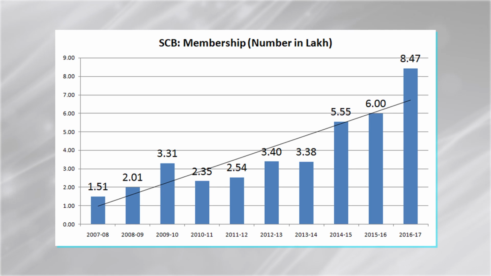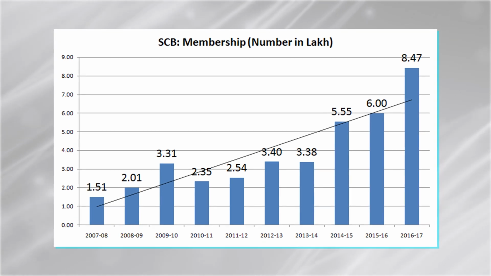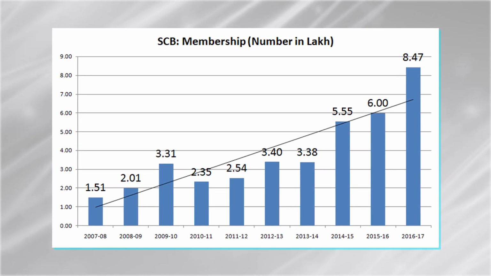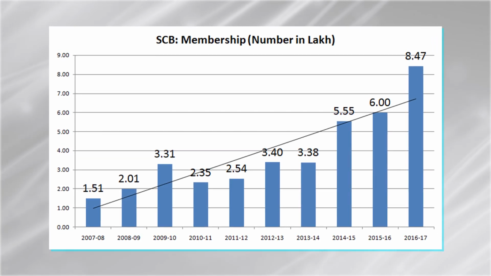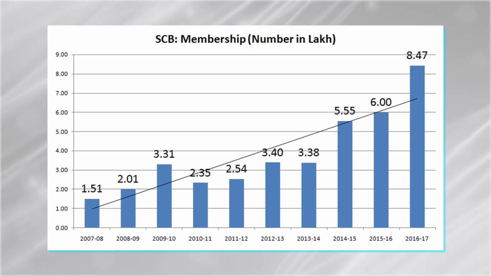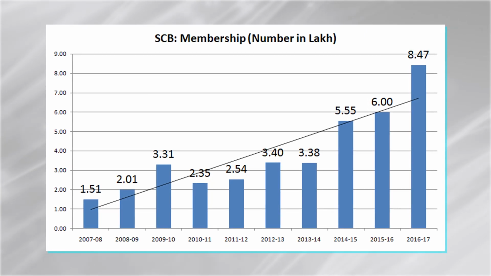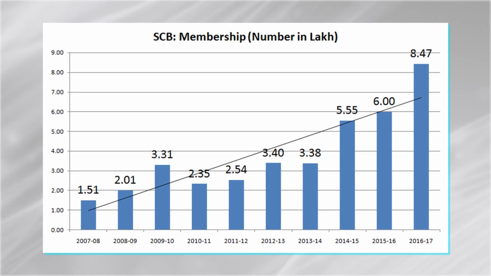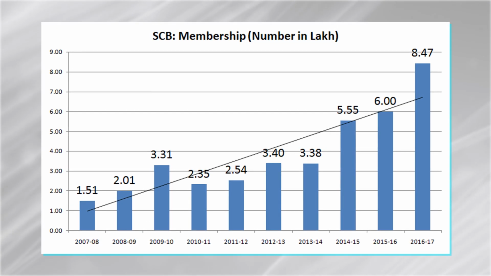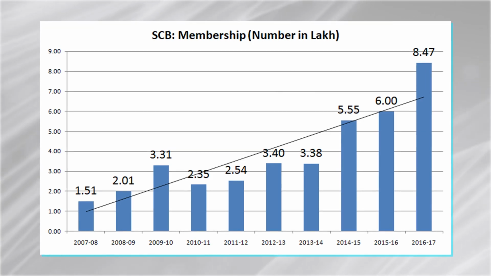In the year 2007-8 we had 1.51 lakh members of the state cooperative bank, and it has been continuously increasing. In the year 2016-17 we now have 8.47 lakh members of the state cooperative bank. So again, the popularity of the state cooperative bank is increasing over the period of time.